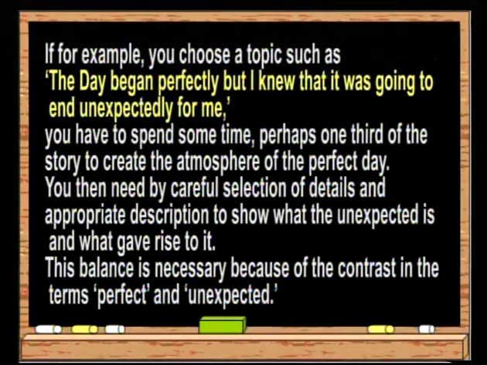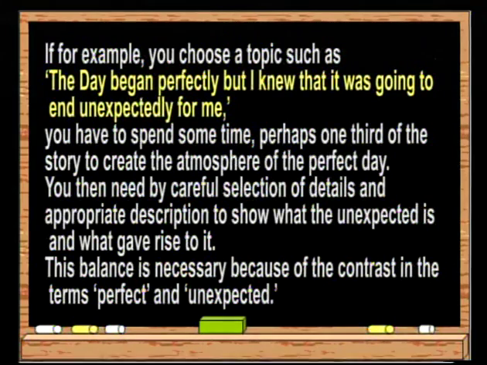For example, you choose a topic such as, the day began perfectly, but I knew that it was going to end for me. You have to spend some time, perhaps 1/3 of the story, to create the atmosphere of the peaceful, perfect day.